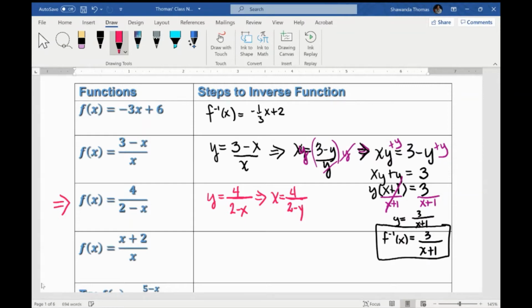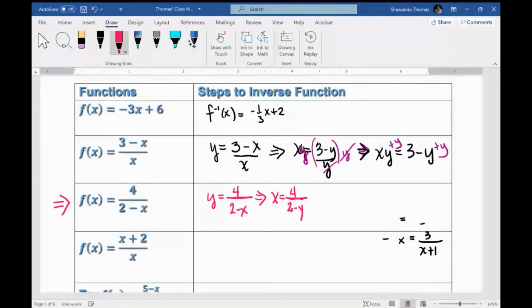All right. Someone other than Kenneth, what would you do next? Get y by itself. How? You're going to multiply both sides by 2 minus y. Yes, let's get rid of this fraction first.